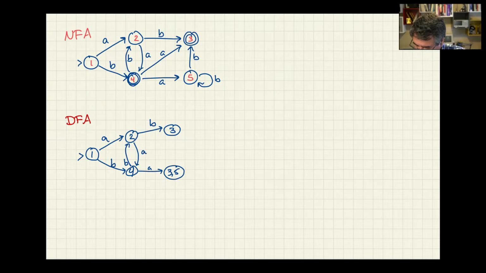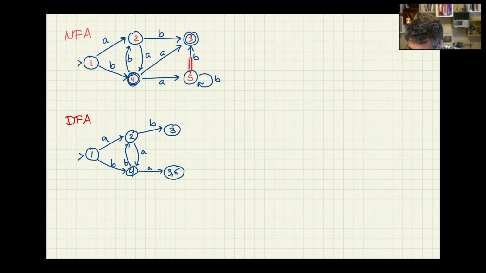Okay. So out of 3, there are no transitions. So we're done with 3. And then out of 3 and 5, I see a B and I see a B. So I know there's at least one B leading out of 3 and 5.